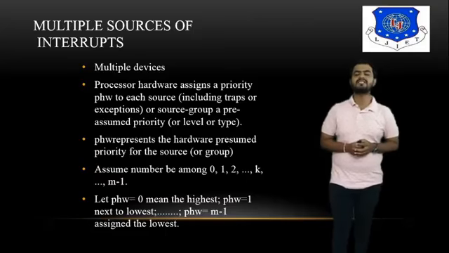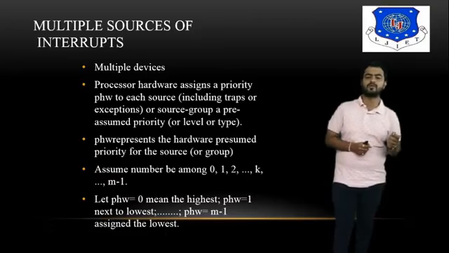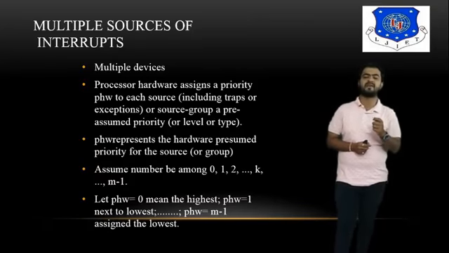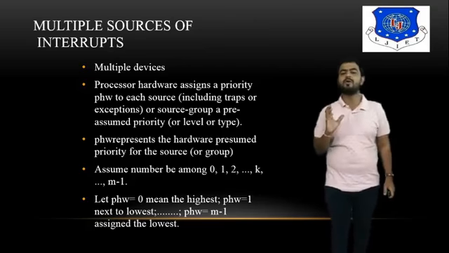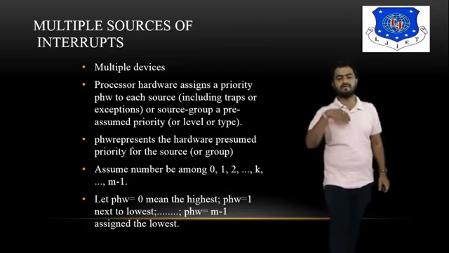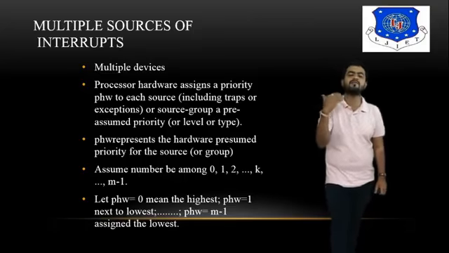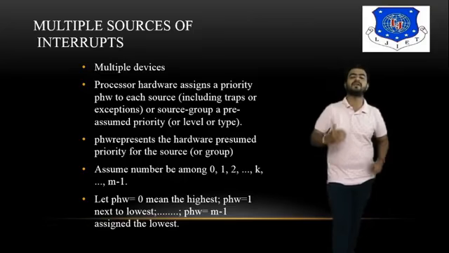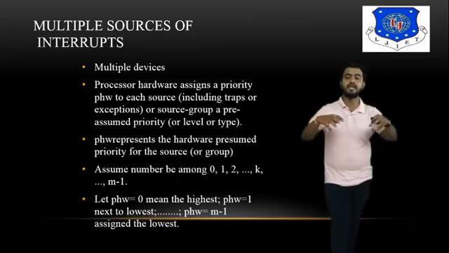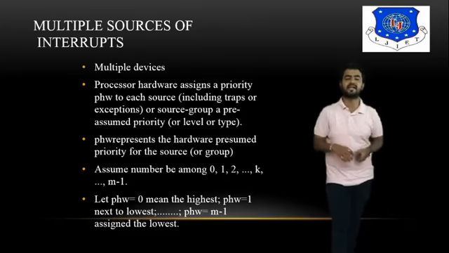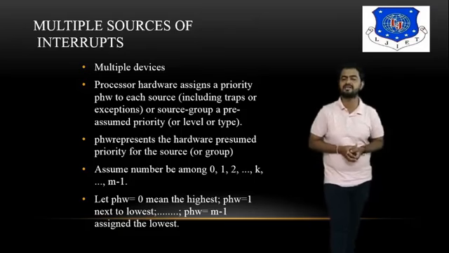PHW equal to 0 means the highest priority, PHW 1 is the next lower priority, and PHW equal to m minus 1 is assigned the lowest priority. So if PHW is 1, that is lower, and 0 is higher. We have to set the different types of priority as we discussed, dealing with multiple inputs or multiple devices at a time, or multiple interrupts.